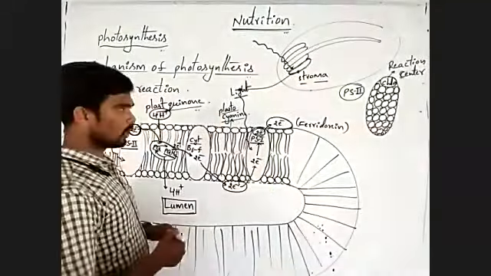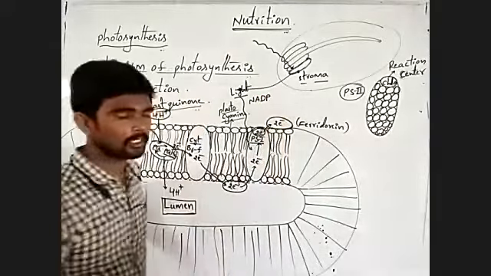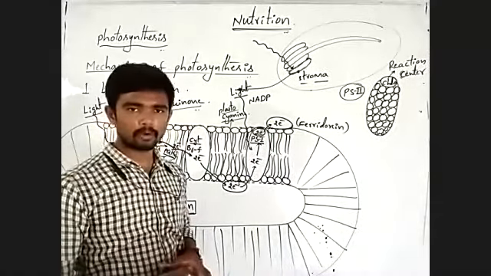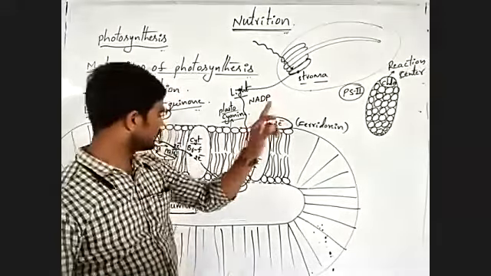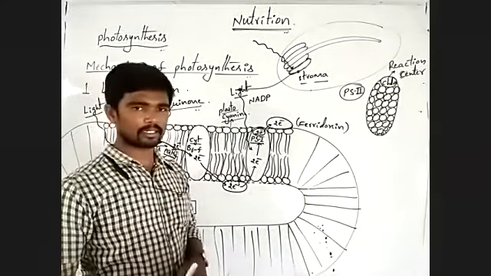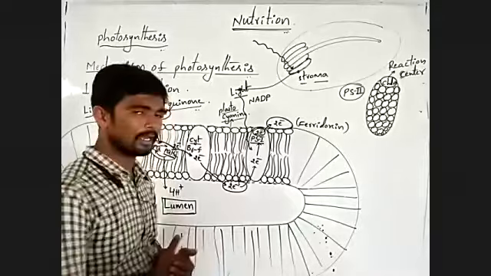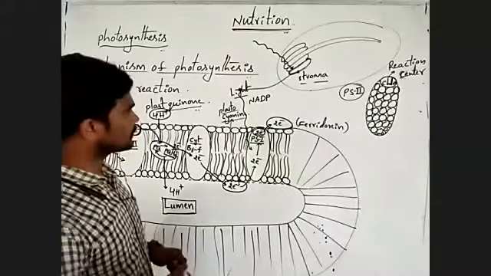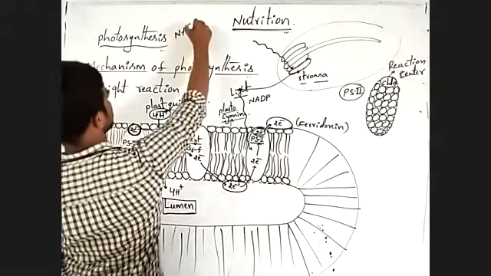These two electrons from ferredoxin are received by NADP reductase, which is very important, an enzyme present in the stroma. That NADP reductase enzyme.